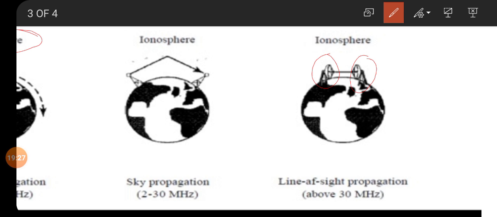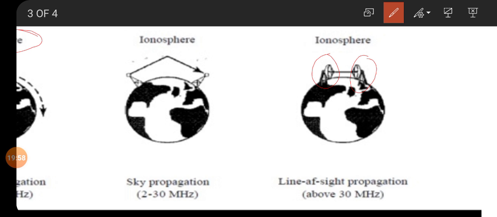Both antennas are at a point such that they can see each other. Sight means watching. We can say my sight is till this extent, I can watch till that extent. Here both antennas are in sight of each other, they can see each other. So line of sight means they transmit in one single line.